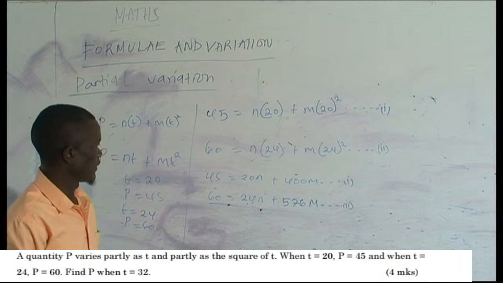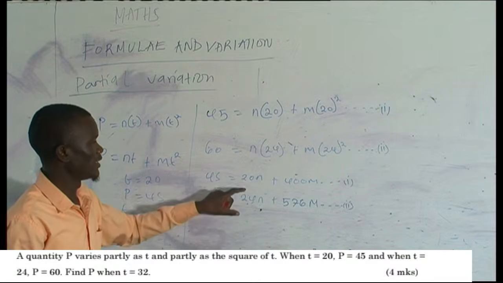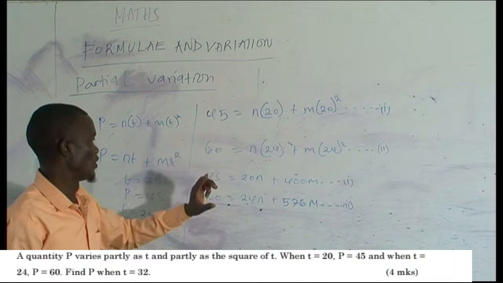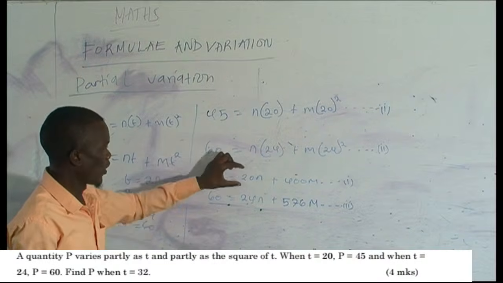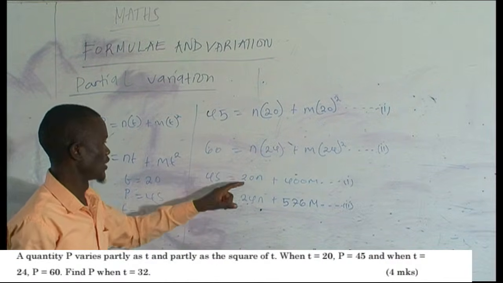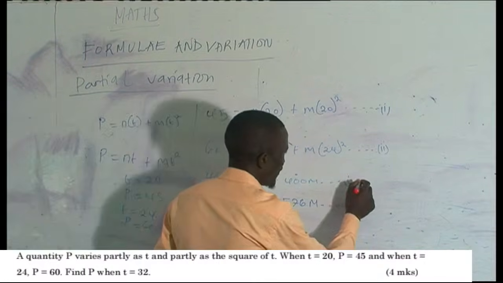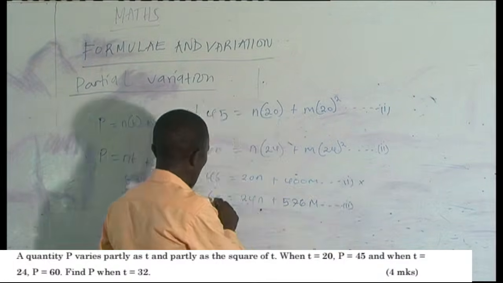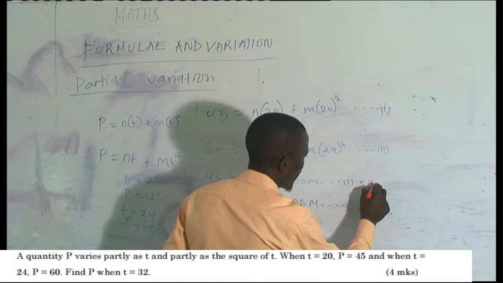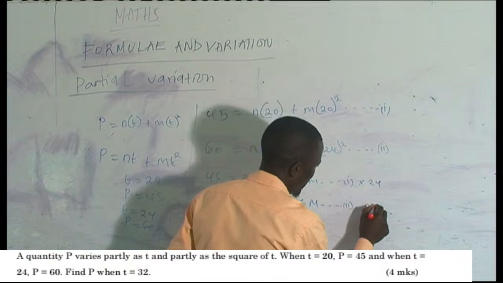The next thing here, because the coefficients are not the same, we shall pick one of the unknowns. For example, we can decide to use 24 and 20. So multiply the first equation with 24 and multiply the second equation with 20.